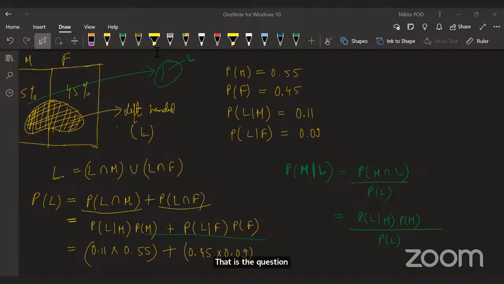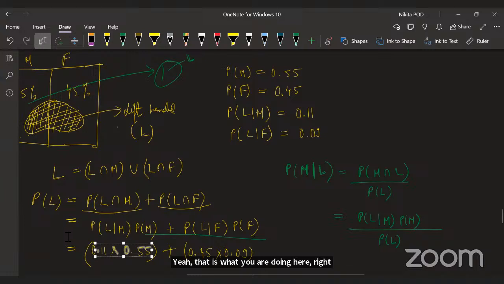That is fine. In the question, we use the total probability theorem, no? So we have to calculate 11% of the 55 males. That is the probability of a left-handed male. Yeah, that is what you're doing here, right? 0.11 times 0.55. Yes, this is right.